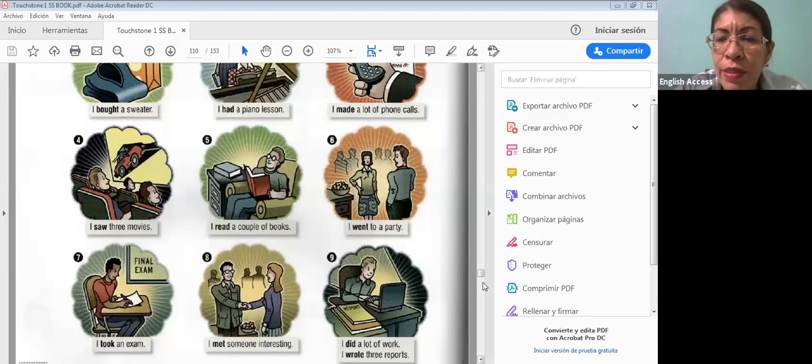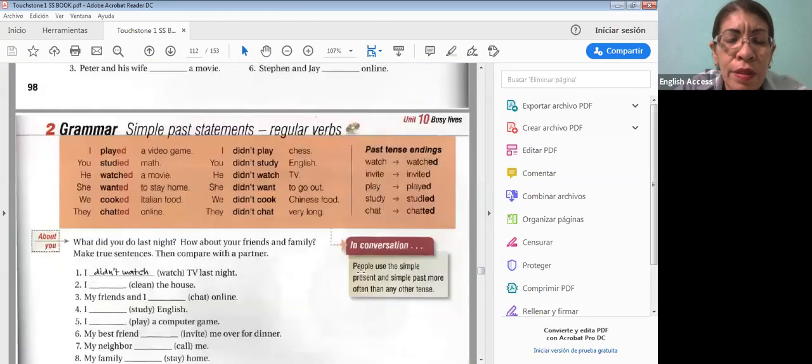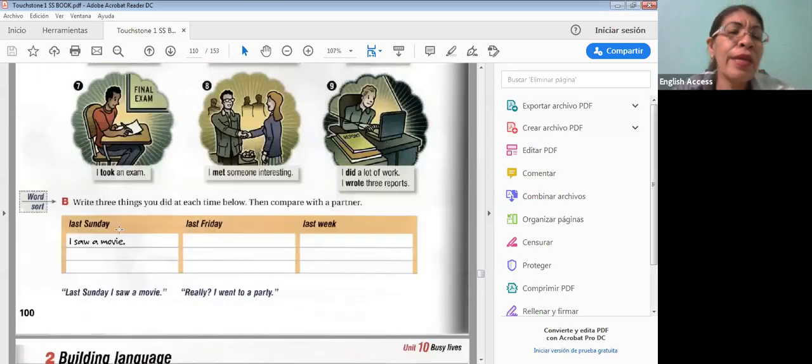So let's see, we are here with the book. Okay, guys, well, let's do exercise B. In exercise B, we have a chart. It says, write 3 things you did at each time below, then compare with a partner. We have last Sunday, last Friday, last week.